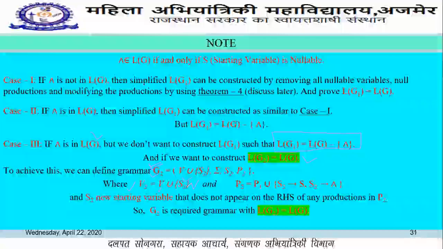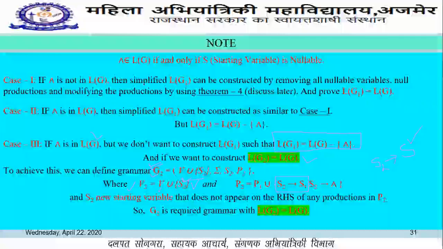This is the new starting variable, and we include the new production in the set of productions P2, that is, this new starting variable S2 derives the variable S, which is the starting variable of grammar G.